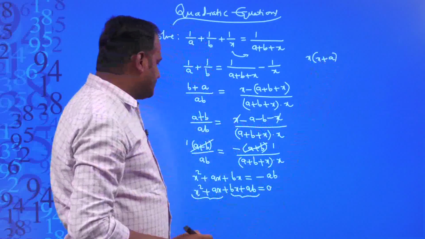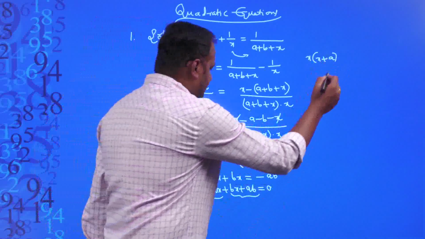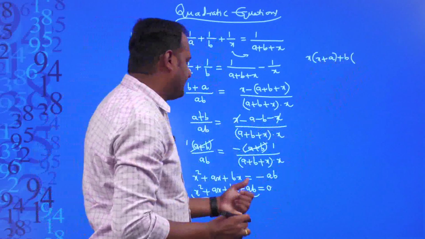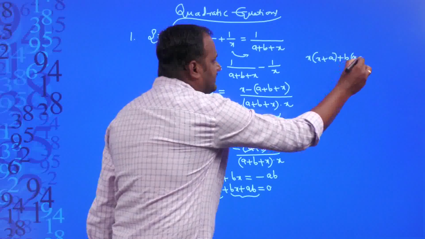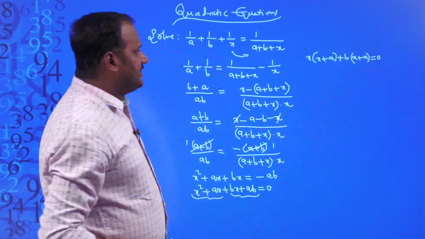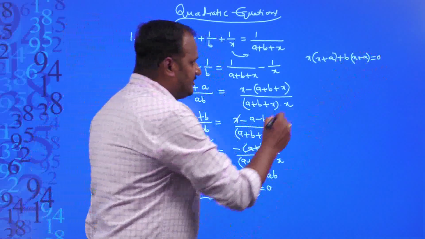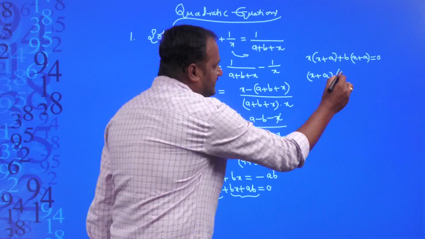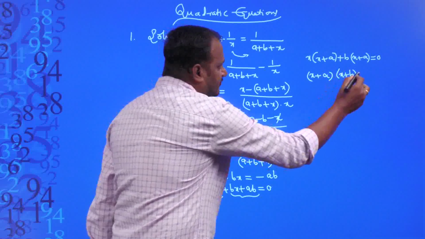From the third and fourth terms, plus b times the remaining, here x and here a. So x plus a is going to be 0, right. Totally we have x plus a common, so you can take x plus a common into x plus b is equal to 0.